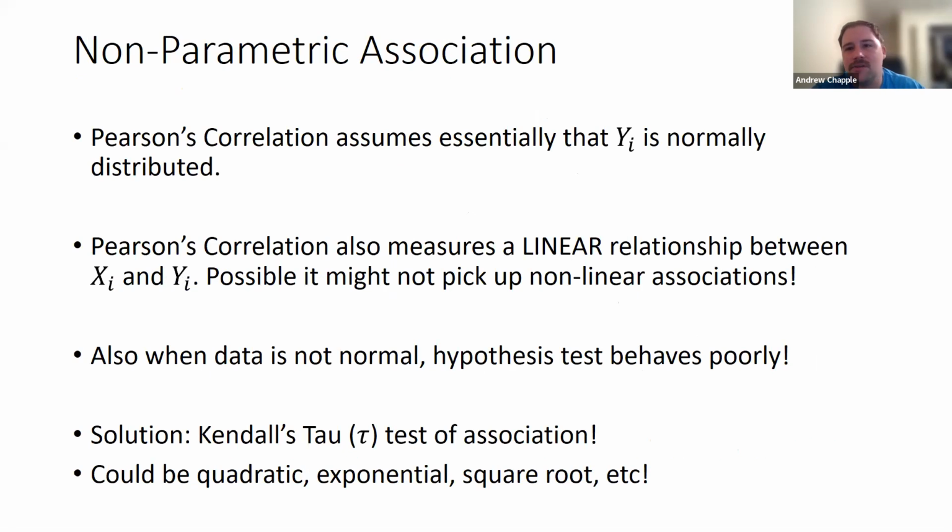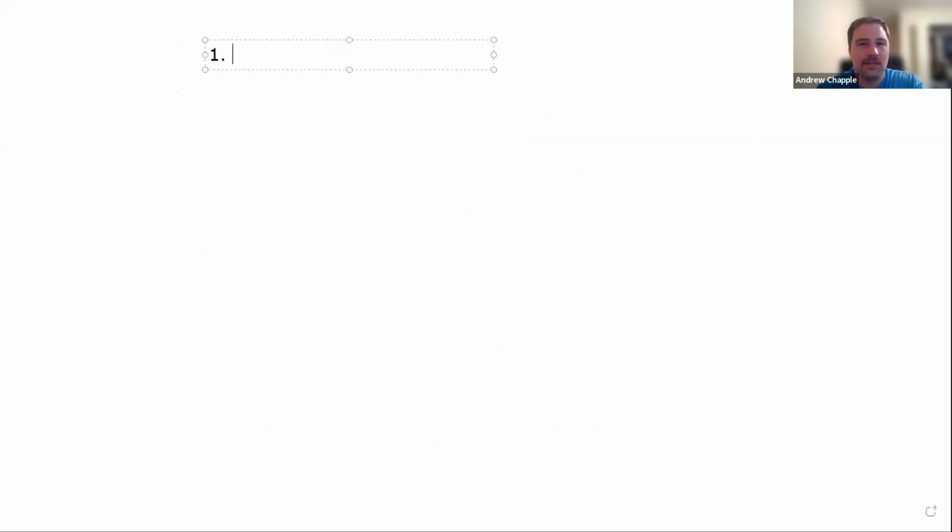Okay, non-parametric association. So this is all assuming a linear model. So it's got to increase in a line, it can increase in steps, it can increase in a quadratic form. All of the things we talked about assume two things. Number one is errors are normal. And what does that mean?